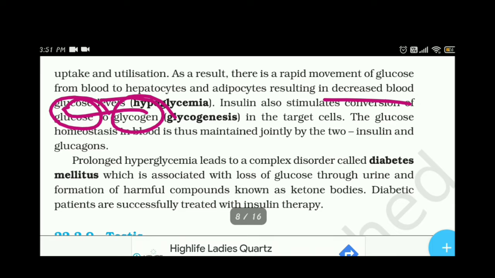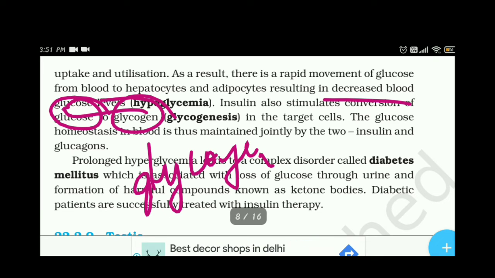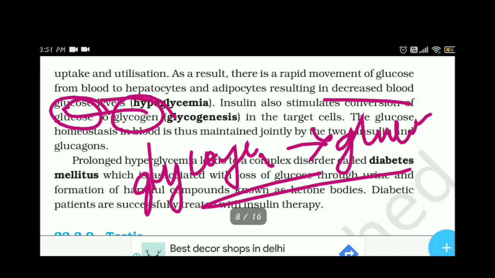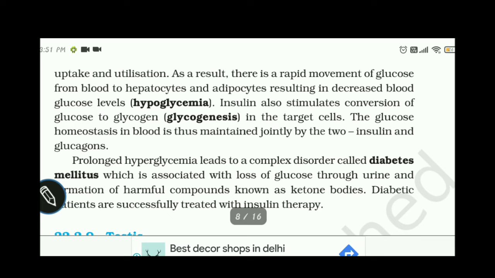In the previous case, in hypoglycemia, glycogen was converted into glucose, leading to hyperglycemia.